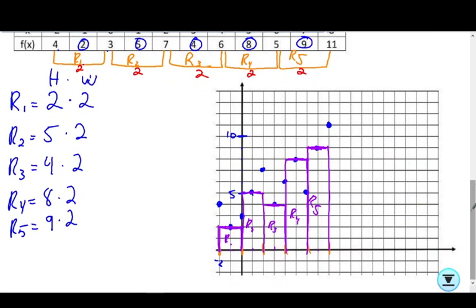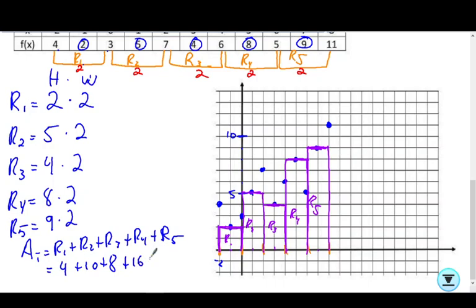So that means my total area, which is R1 plus R2 plus R3 plus R4 plus R5, is 4 plus 10 plus 8 plus 16 plus 18 for a grand total of 56.